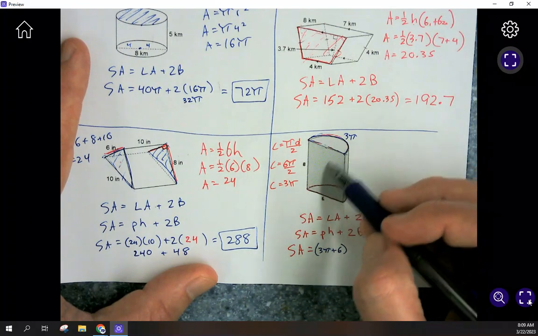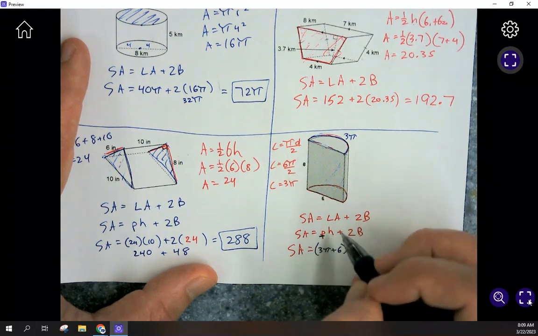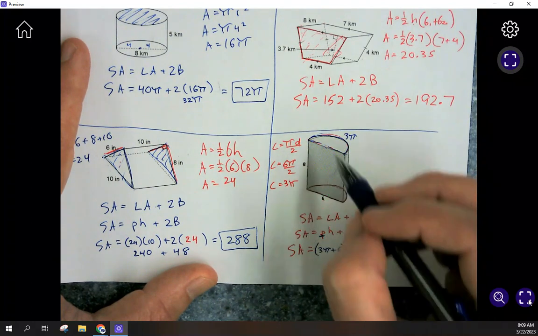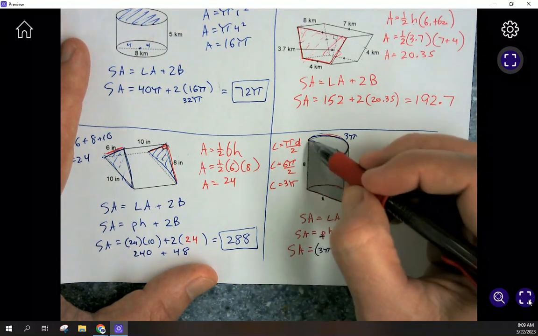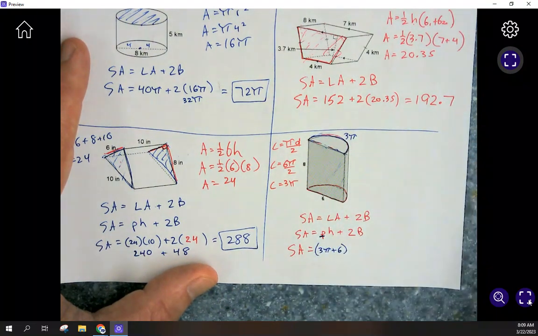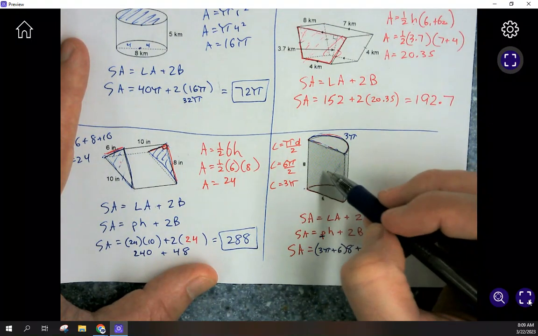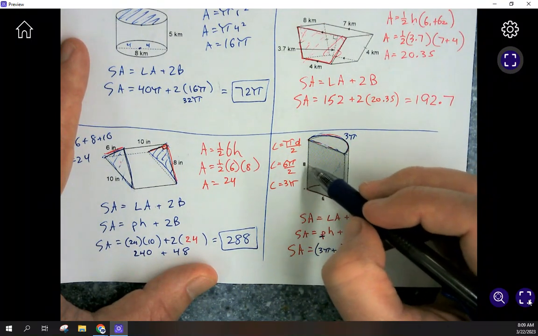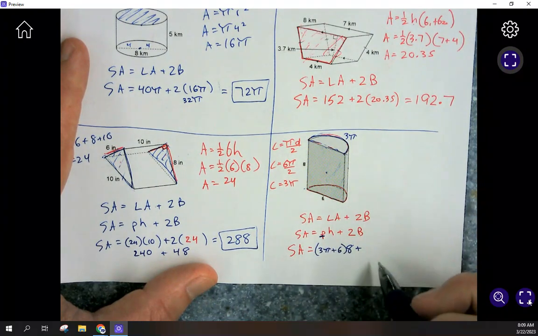I also need to times that by the height. So this thing in parentheses is just my perimeter around the top. 3 pi on the curve, 6 across, times the height of 8. That's going to give me the lateral area if I was going to cover these sides with a label on the flat side and the curved side. That will give me my lateral area.